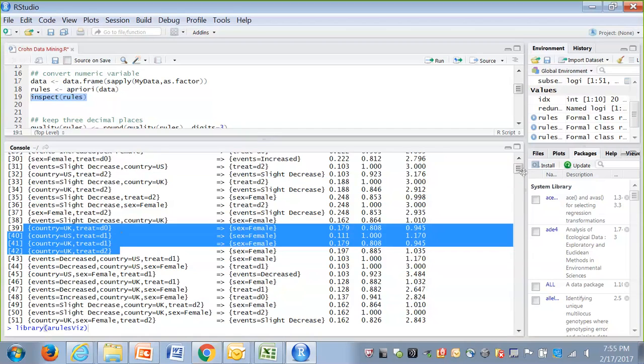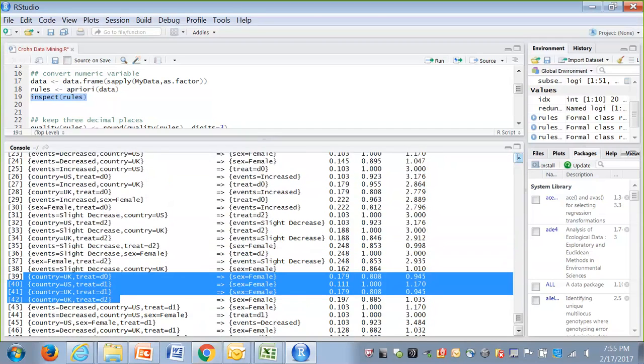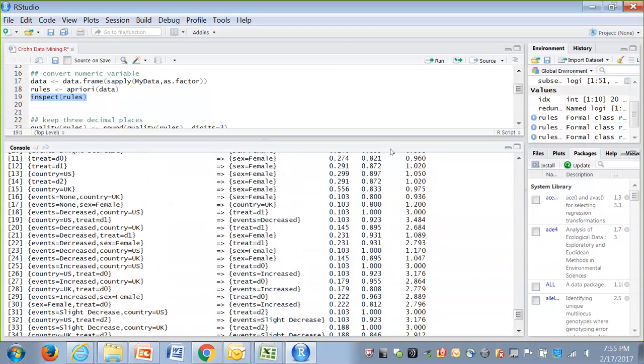And that's what we're trying to do, inspect, but also find those rules that actually make more sense from a data and analysis perspective.